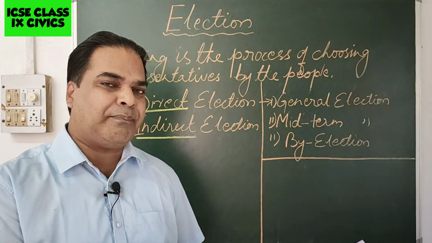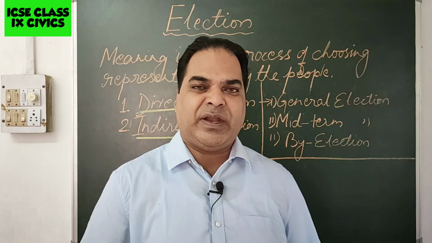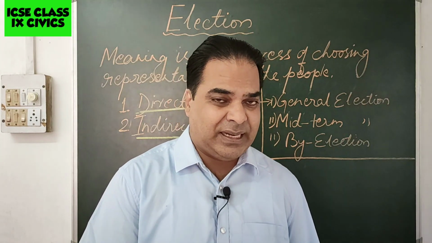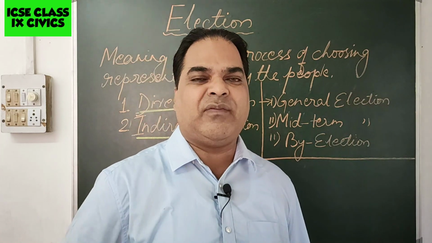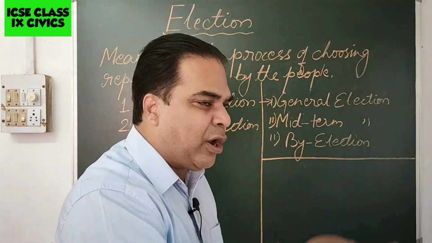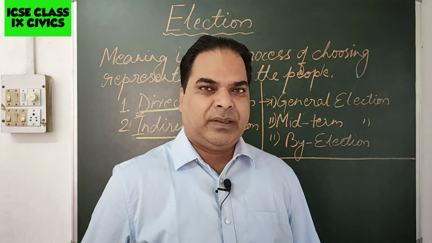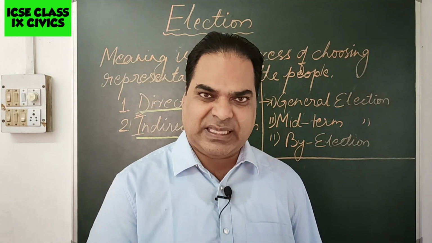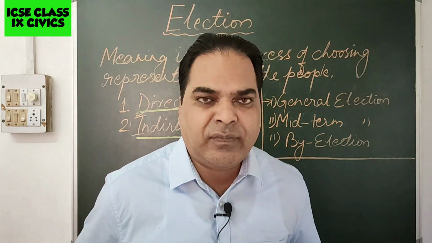But these MLAs and MPs are elected by whom? We, the people of India. The voters of India have elected them directly. So properly speaking, our involvement is in an indirect way. Our representatives, on behalf of us, elect the president.